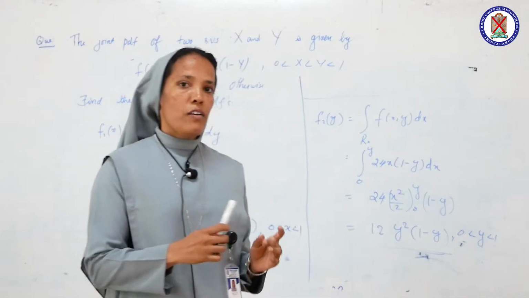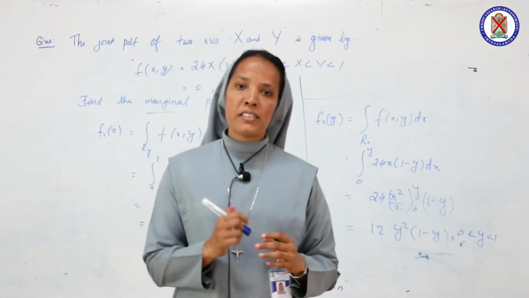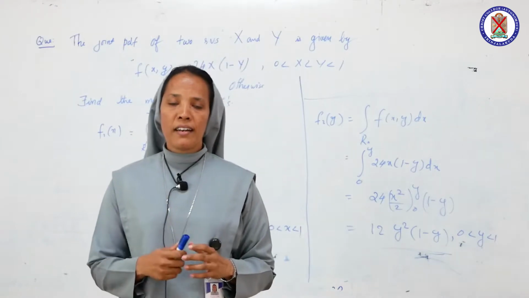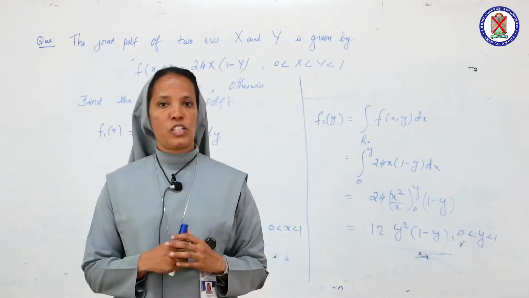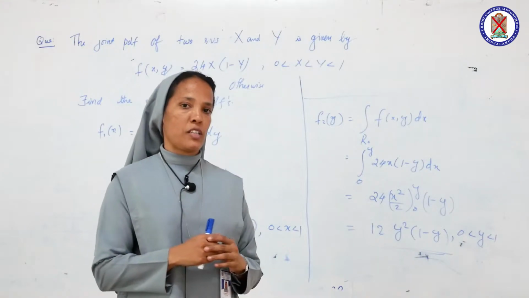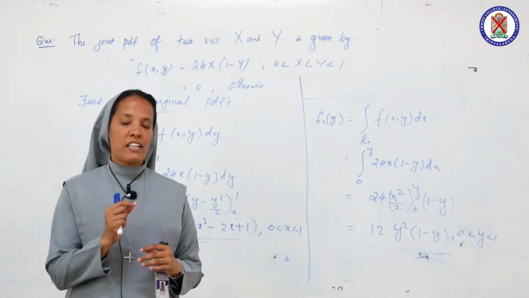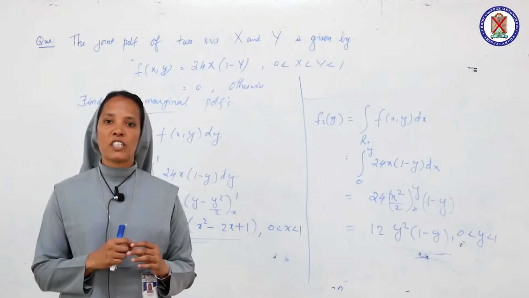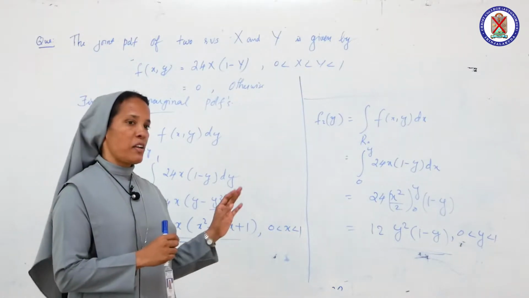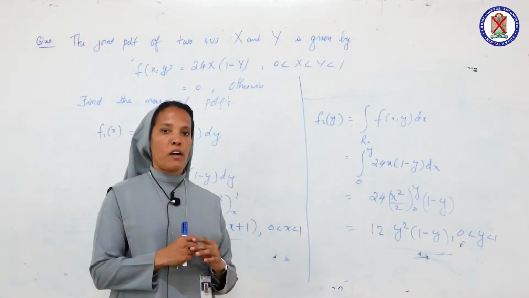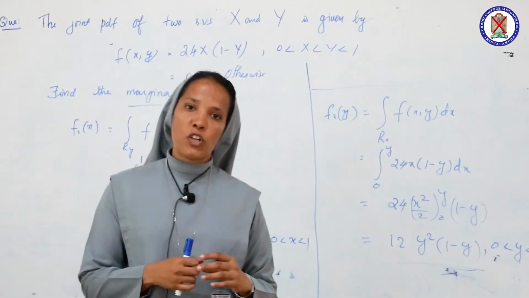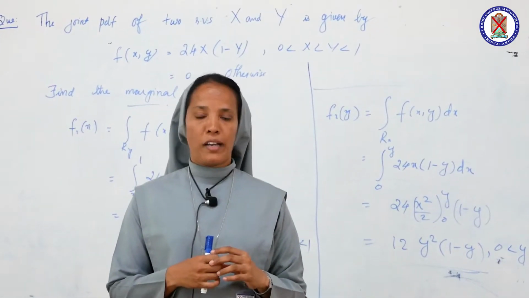I conclude, when we have to obtain the marginal density functions from the joint PDF, we have to either integrate in the case of continuous distribution or sum in the case of discrete distribution. For the random variable x, the marginal density function is f1(x) = summation over y of f(x,y), and the marginal density function of y is summation over x of f(x,y).